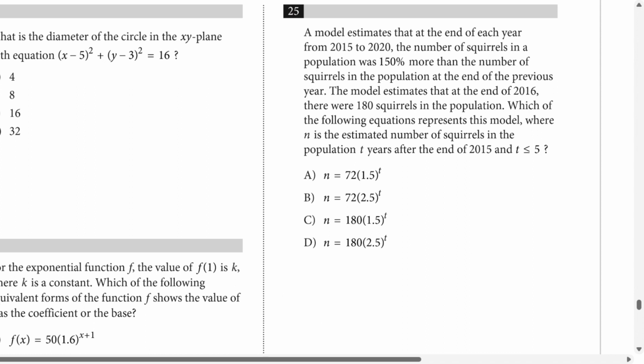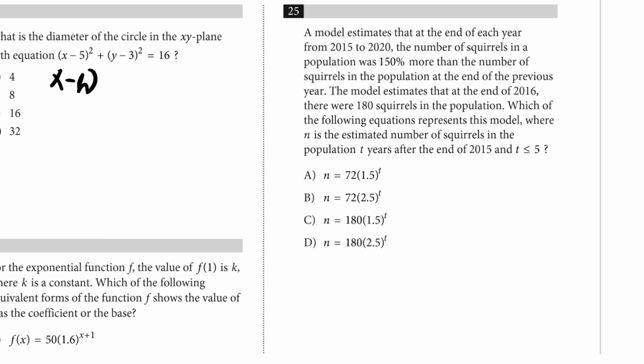What is the diameter of the circle in the xy plane with equation x minus 5 squared plus y minus 3 squared equals 16? The standard equation for a circle is x minus h squared plus y minus k squared equals r squared.